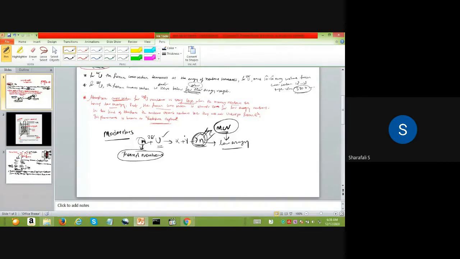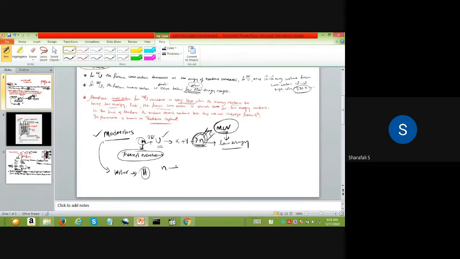For that we use moderators to reduce the energy of neutrons. Normally we use water. In water we have H2O, and we need the protons from that water.